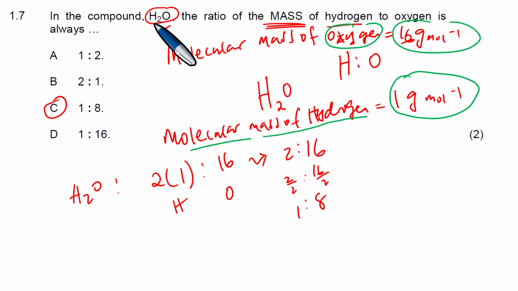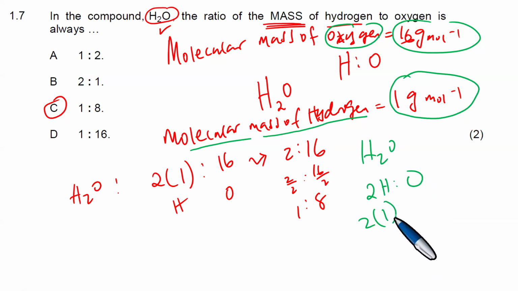So now we can see that H2O has 2 hydrogen atoms to 1 oxygen atom.